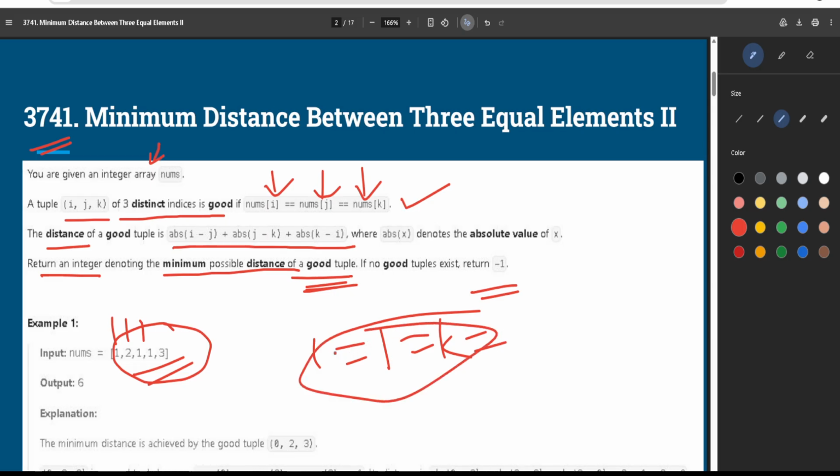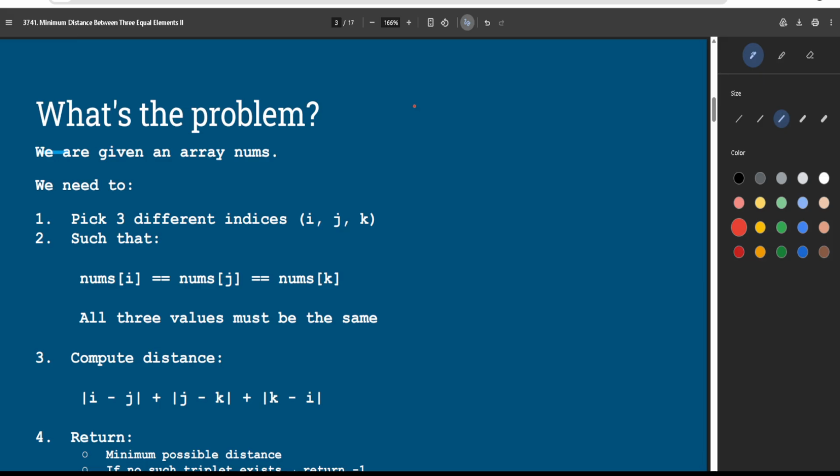If we find good tuples, we can find the distance, and among the possible distances we return the smallest one. Otherwise, you return -1. I hope you understand the problem. If you have any doubt, you can ask me in the comment box.